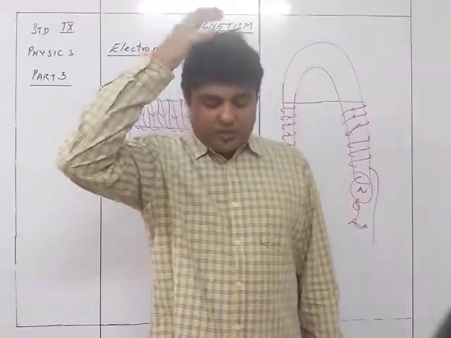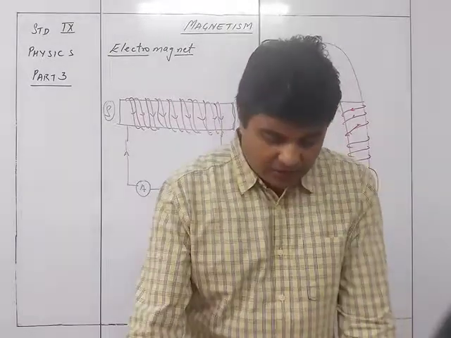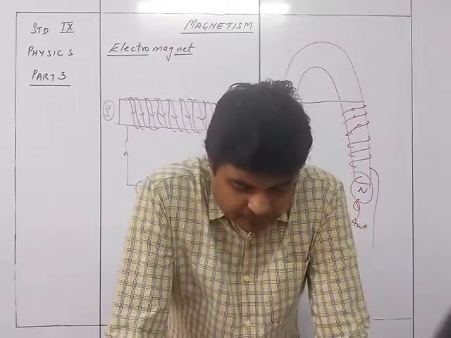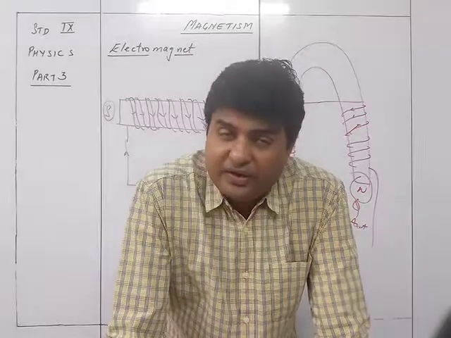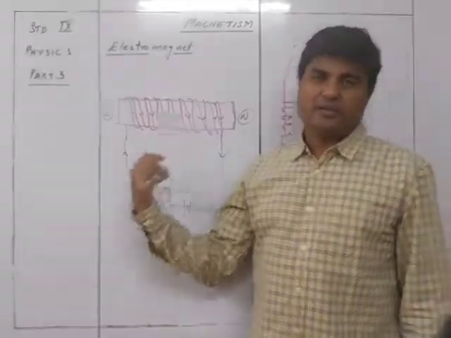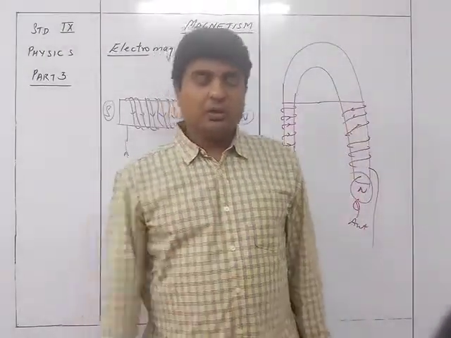Advantages of electromagnet over permanent magnet, which are almost the same as what we see in the differentiation. An electromagnet has the following advantages over a permanent magnet. An electromagnet can produce a strong magnetic field. We studied that because we can increase the current and increase the number of turns.